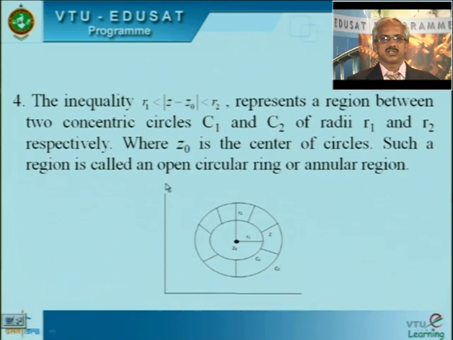Such a region is called an open circular ring or annular region. In this annular region we can define a function, because all the points lie in this region only.